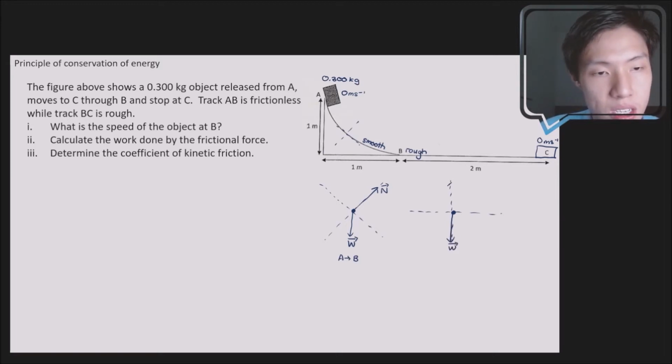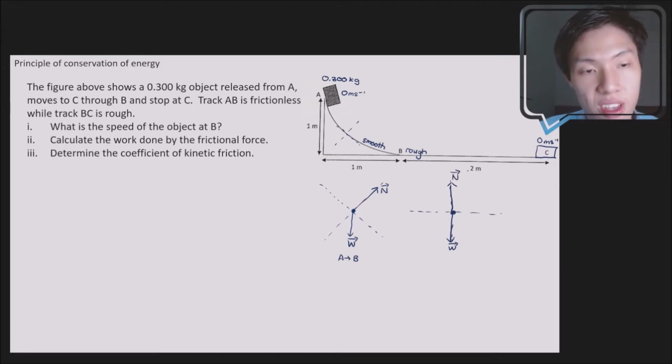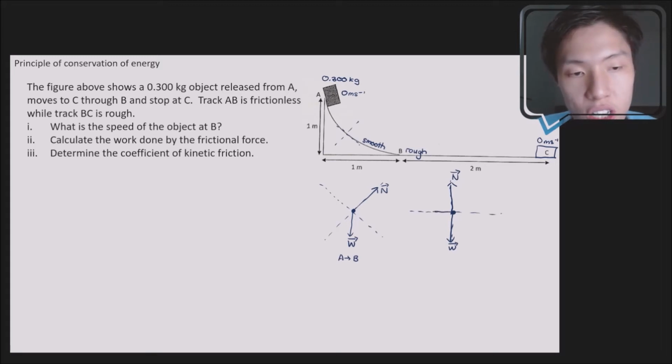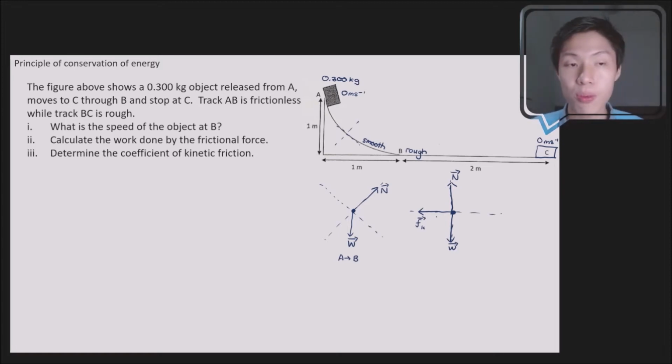The next thing is you have normal force since you are touching the surface. Then of course the object is moving towards the right. It's a rough surface, so you should expect the kinetic friction to point in the opposite direction, towards the left.